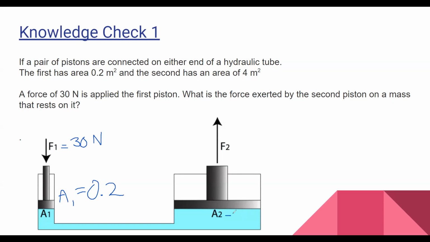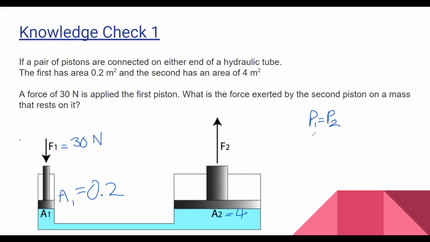Like we have from that diagram earlier, by Pascal's principle, we know P1 is equal to P2 on each end of the hydraulic lift, or in this case pistons.